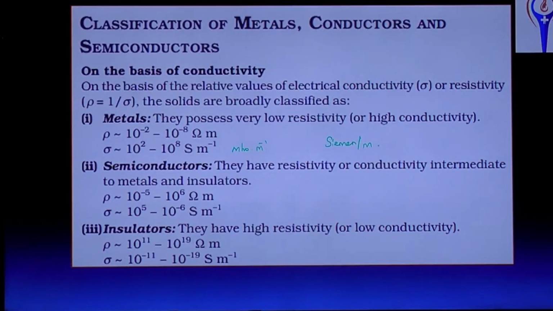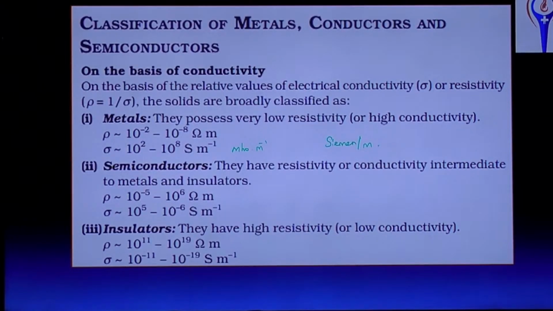Resistivity is of the order of 10 power minus 2 to 10 power minus 8 ohm meter. Conductivity is the reciprocal of resistivity, with a value of 10 power 2 to 10 power 8 S m power minus 1. Its unit is mho per meter, or siemens per meter; S represents siemens per meter.